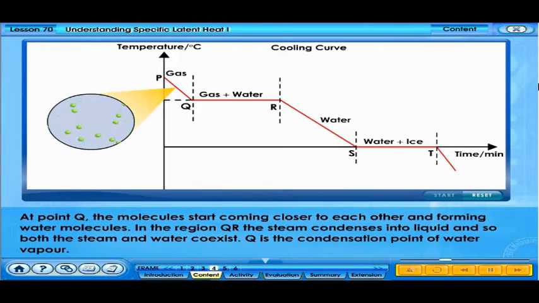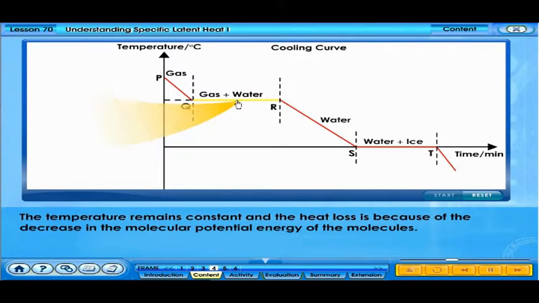The point Q is the condensation point of water vapor. The temperature remains constant and the heat loss is because of the decrease in the molecular potential energy of the molecules.